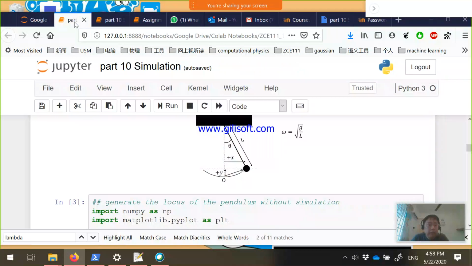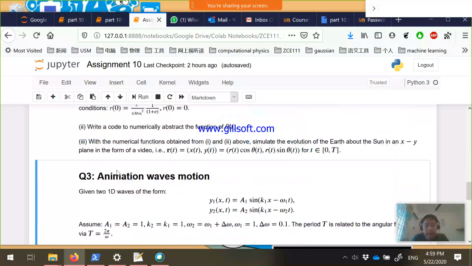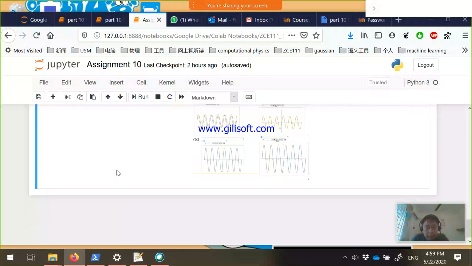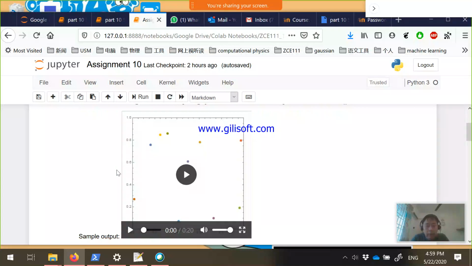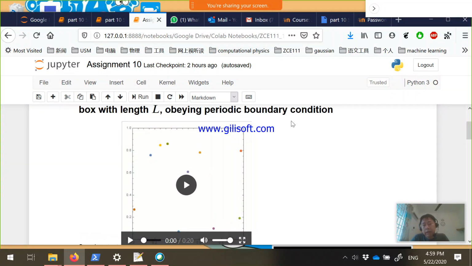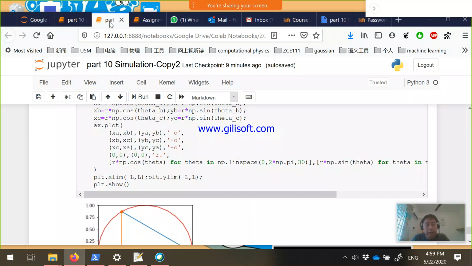Now in your assignment, I think assignment number 10, one of the assignments is to do this. Is this how to do it? No, not in your assignment, in your mini project. In your mini project, you are asked to simulate a moving object which is in 3D. 3D is more complicated, but the 2D simulation is not as difficult.